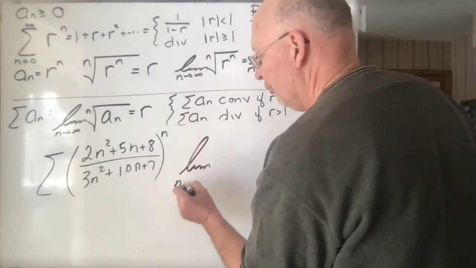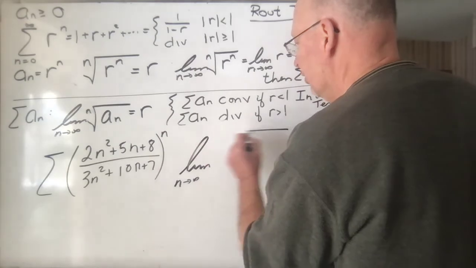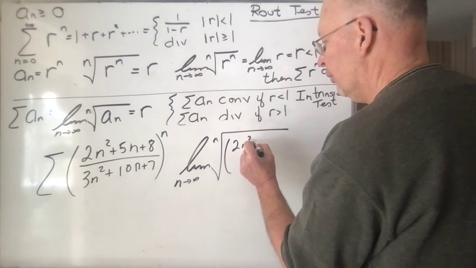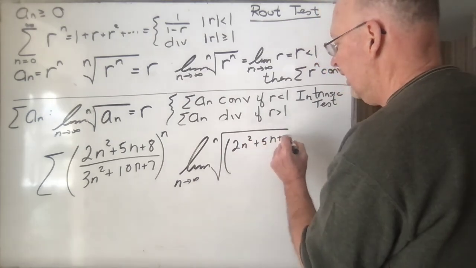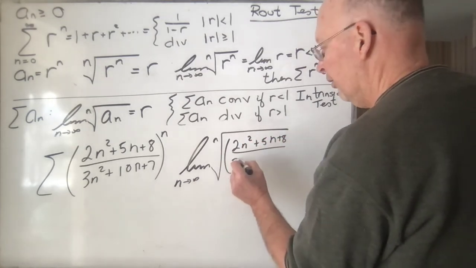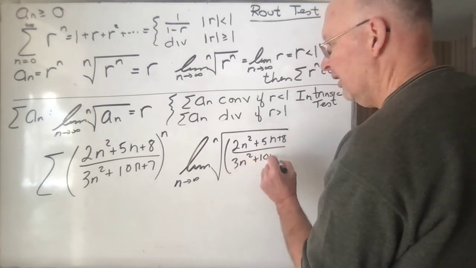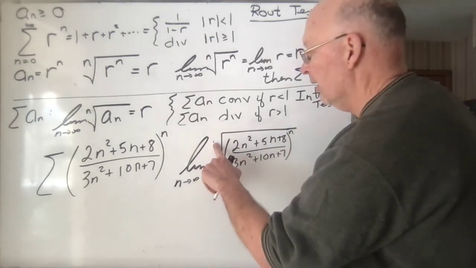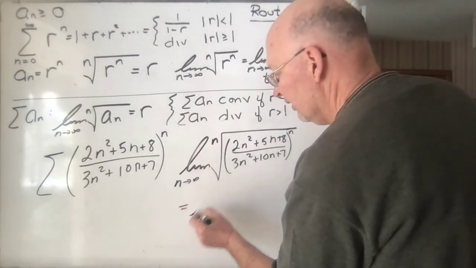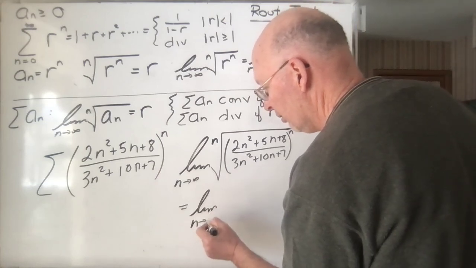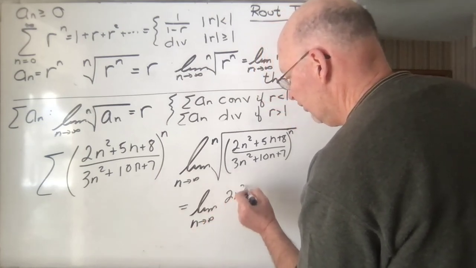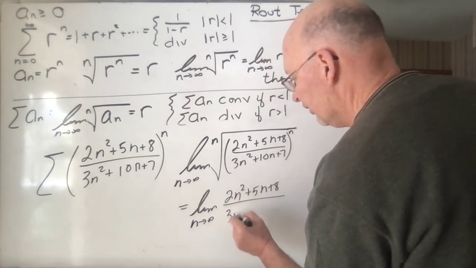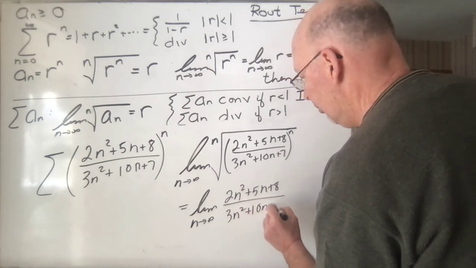If you take the nth root of this nth term, okay, what are we going to get? We're going to get 2n squared plus 5n plus 8 all over 3n squared plus 10n plus 7 all to the nth power, and you take the nth root of that, and that's just going to give you the insides out, of course. So you're going to get 2n squared plus 5n plus 8 all over 3n squared plus 10n plus 7.